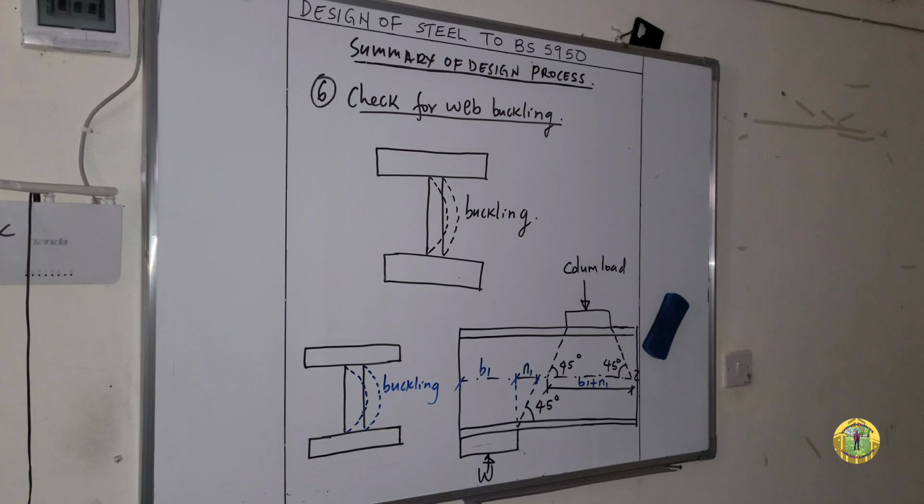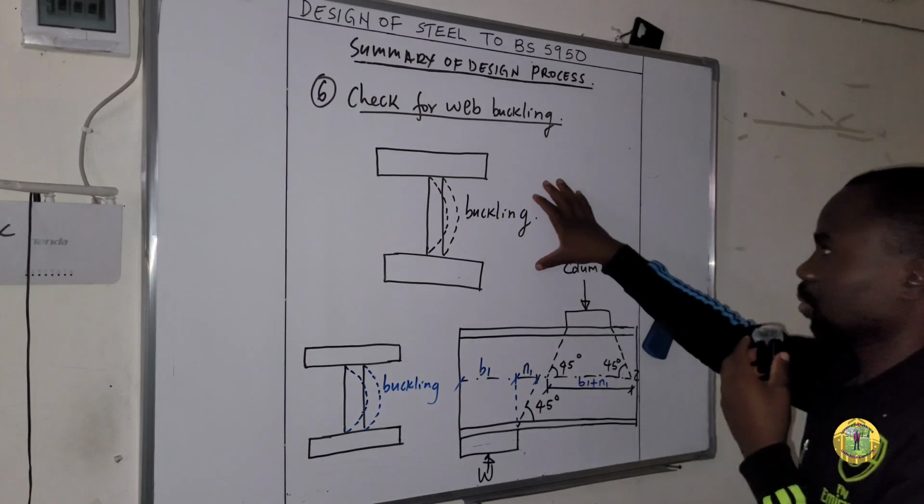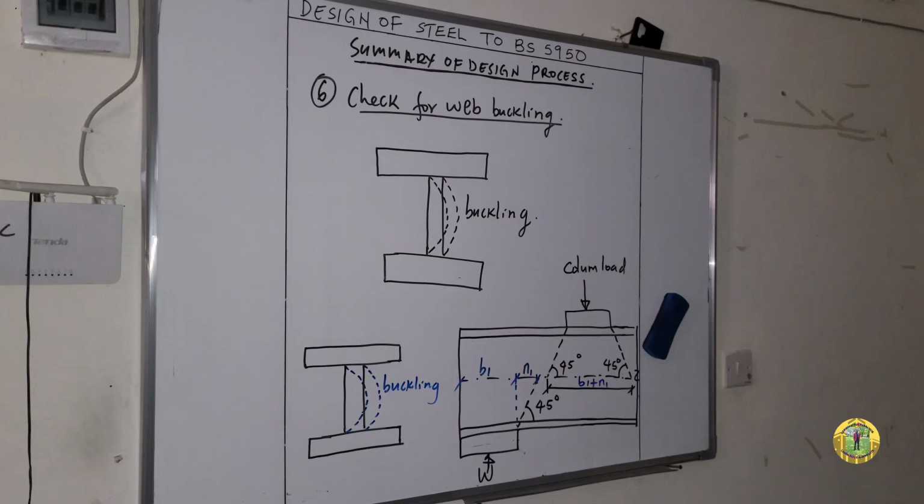Now let's talk about the check for web buckling. What is buckling? Buckling is a failure which occurs in a slender column, and it is due to excessive compressive forces which cause the column to bend or buckle in this manner.